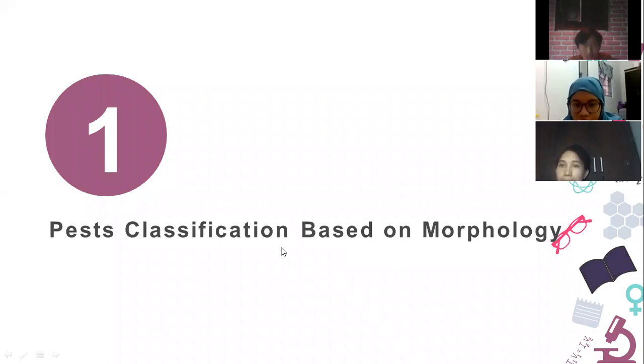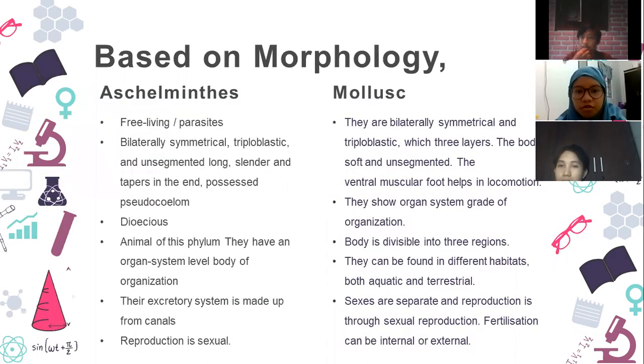All right. The first part is the Aschelminthes. Aschelminthes have key features, which you can see in this PowerPoint. They are free-living creatures, or basically what we call parasites.